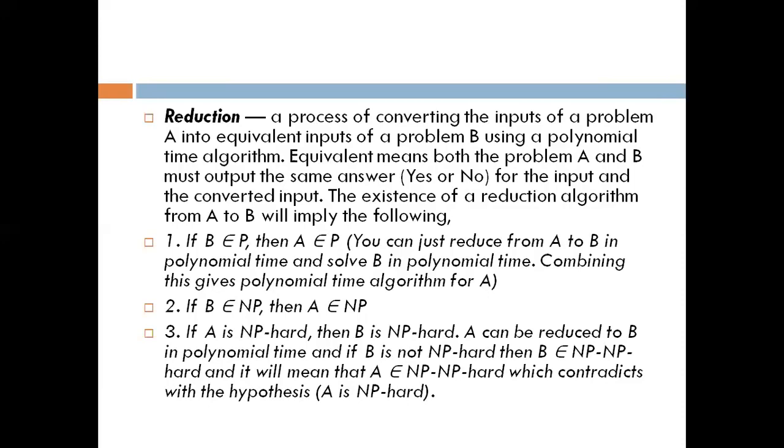Third, if A is NP hard, then B is NP hard. A can be reduced to B in polynomial time, and if B were not NP hard, it would mean that A is also not NP hard, which contradicts the hypothesis that A is NP hard.